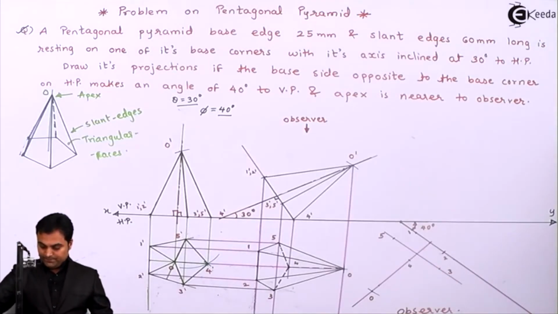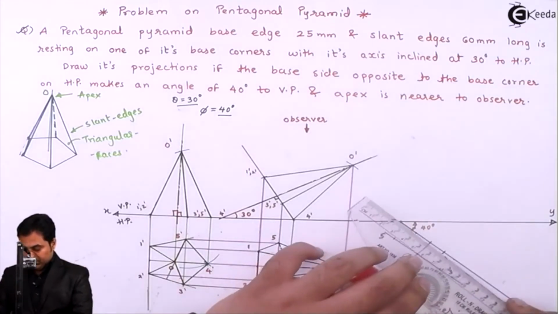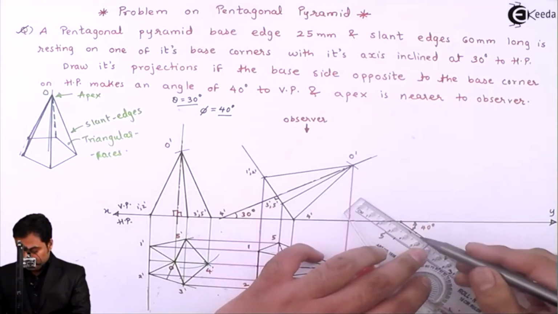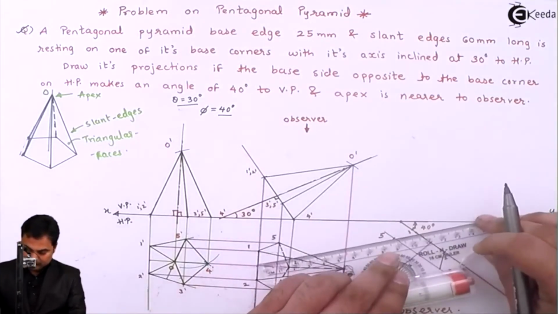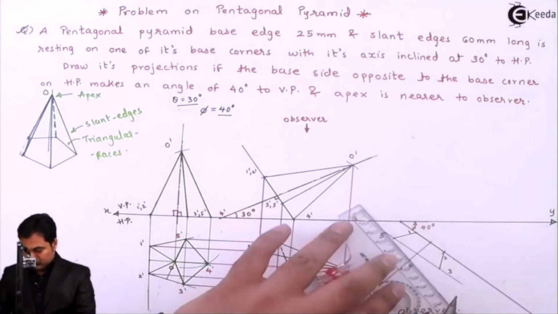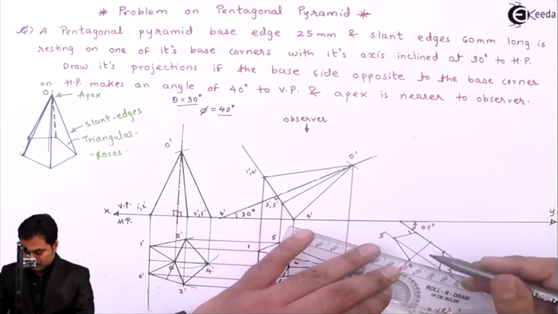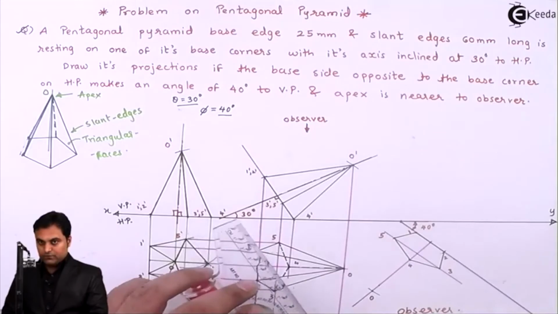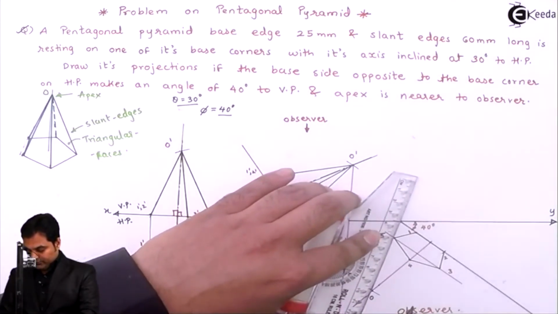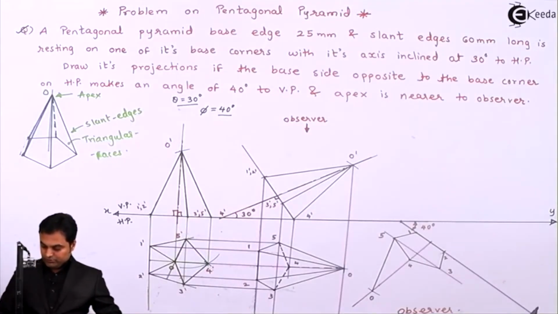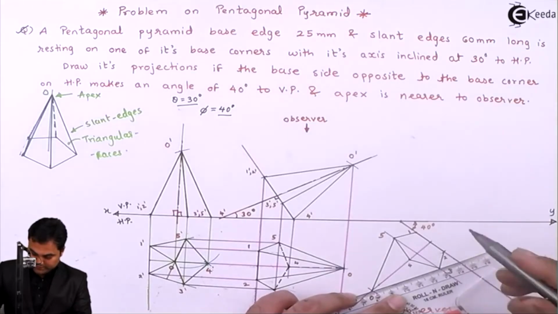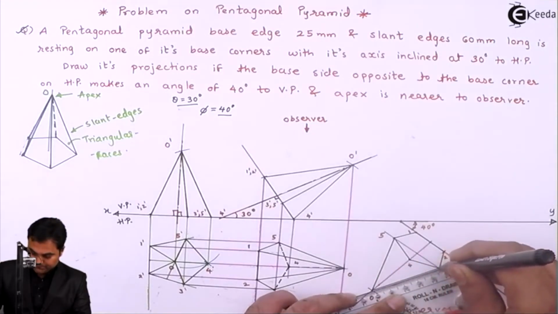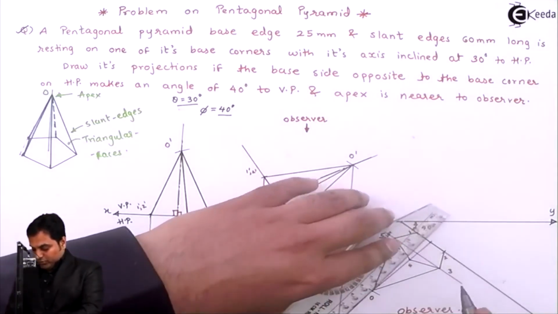Next, joining them will give me the entire pyramid in the inclined position. Then joining it from 5 to O and 3 to O. Apex is nearer to the observer as they have mentioned in the question. Joining O to 1.